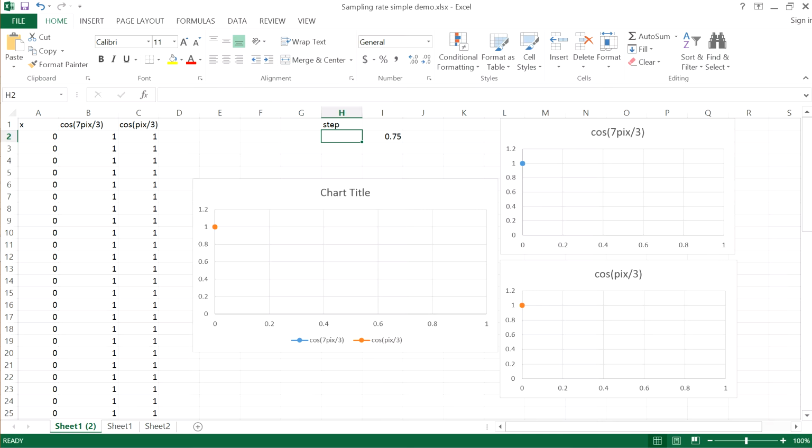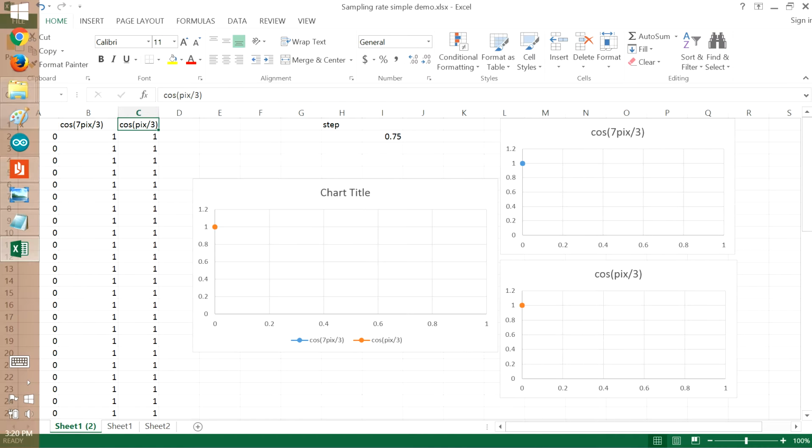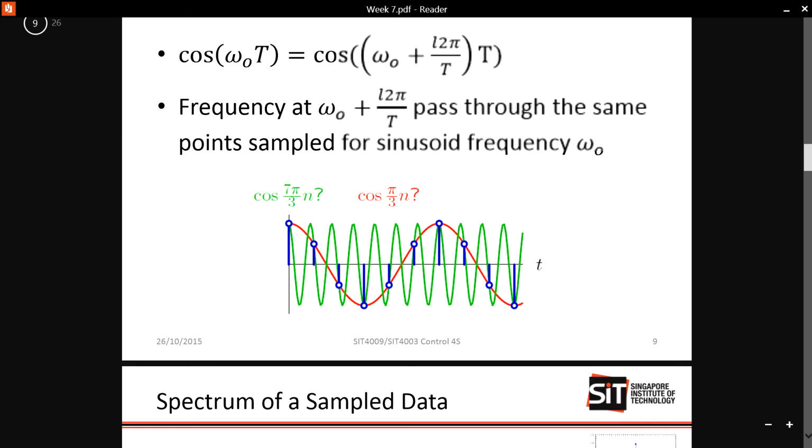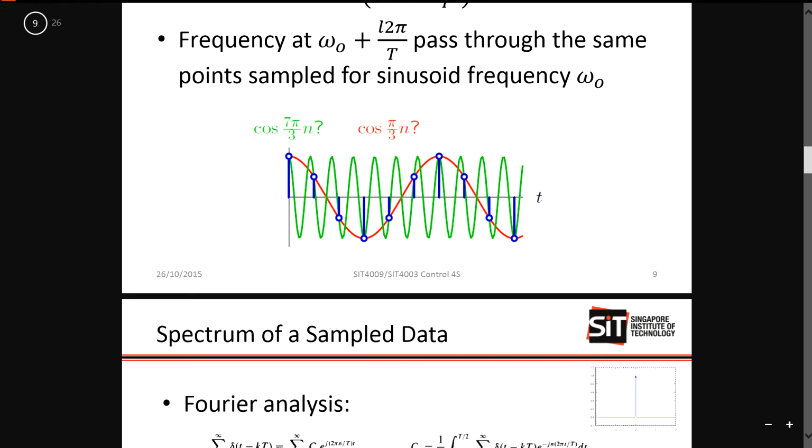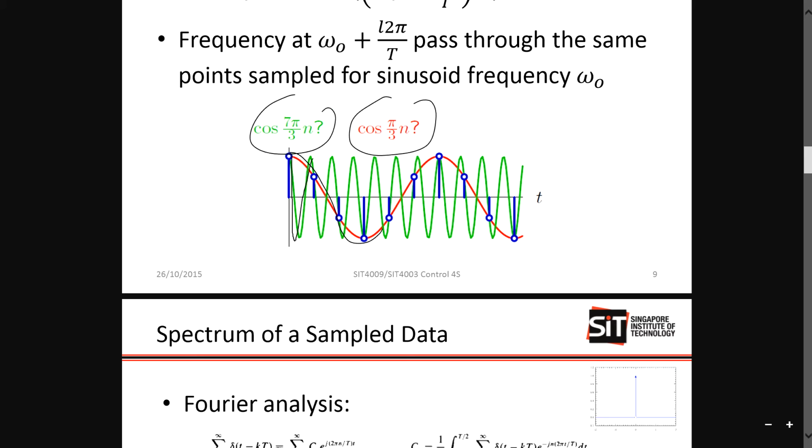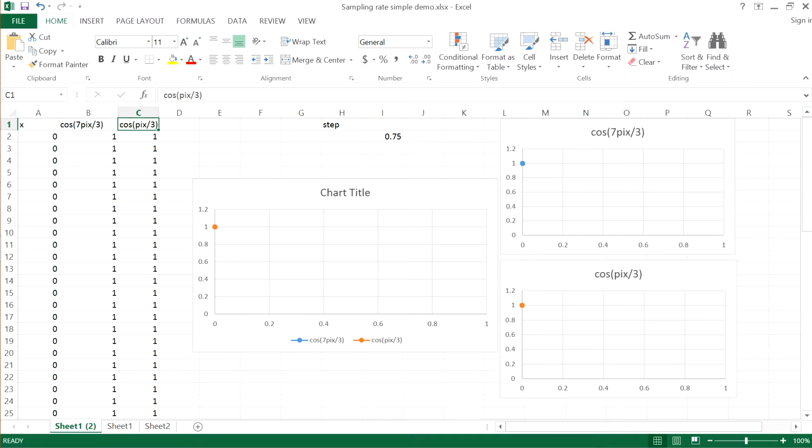So over here this is the Excel sheet from Zoe's. His Excel sheet takes cosine 7 pi over 3 and cosine pi over 3. He's going to compare between them using this scenario. Your cosine pi over 3 is the slower one, while your 7 pi over 3 is your original frequency. So when you're sampling your cosine pi over 3, what is the meaning behind that?